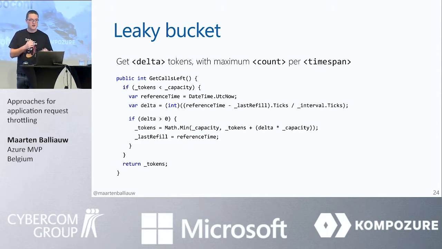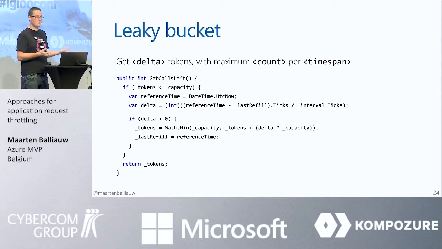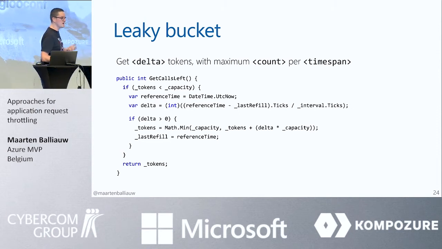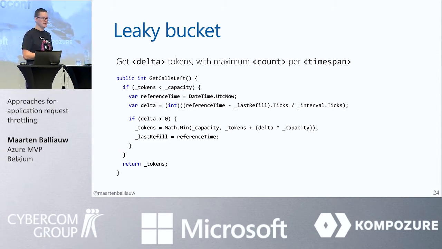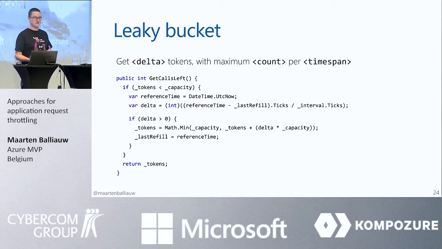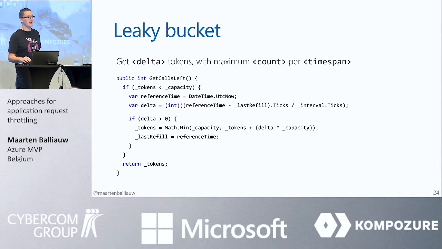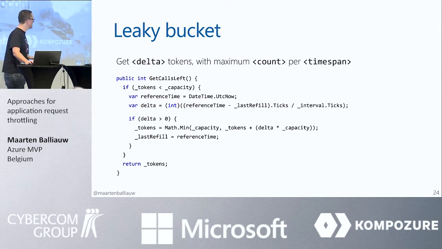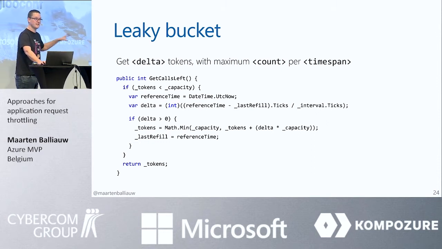Whenever my tokens are empty, I have no tokens left, that is when I would calculate if I should be rate limiting or not. So basically what we do is calculate a reference time from when we last replenished the number of tokens and just replenish the amount of tokens that we should replenish. If none, then we rate limit. If there's a number of tokens, then we are okay to go. Very simple algorithm, but I hope you don't have to write these things yourself.